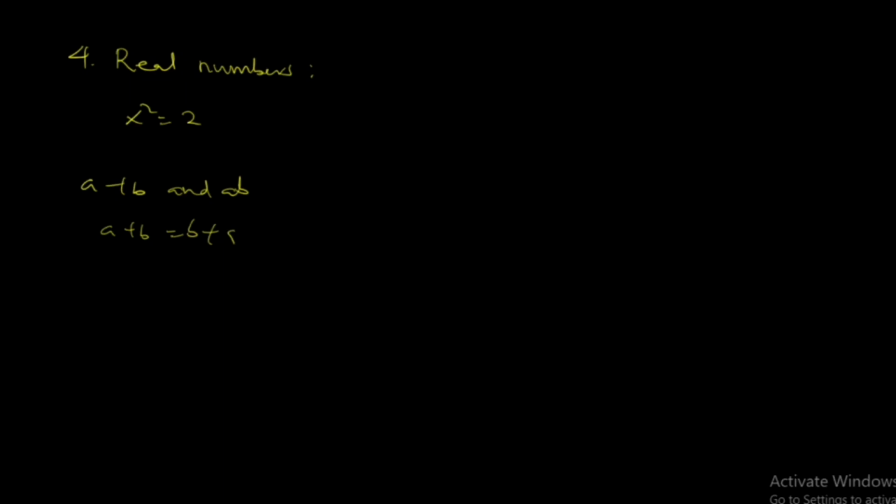We have the identity under addition, which is a plus 0 is equal to 0 plus a, which is equal to a. We have the identity element under multiplication, which is a times 1 is equal to 1 times a, which is a. We have the inverse under addition and multiplication.